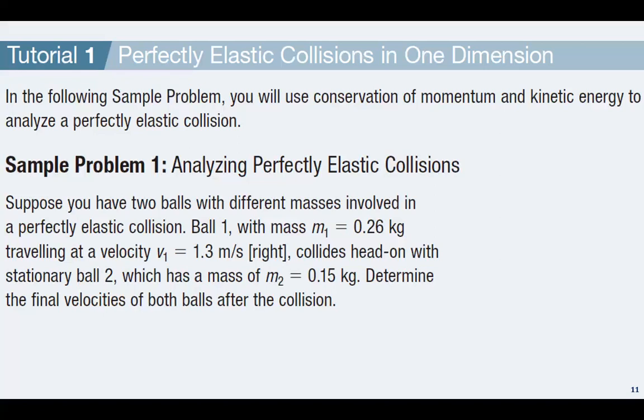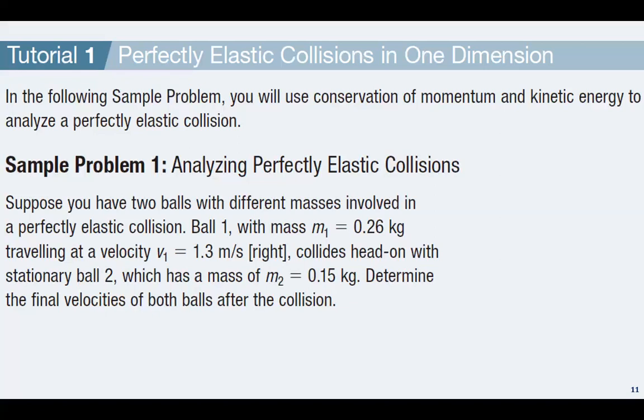All right, have we finished? Because this is a perfectly elastic collision, both the momentum and kinetic energy should be conserved. Therefore, this question asks us to find the velocity of both balls after the collision. Note that there should be two unknown quantities, right?